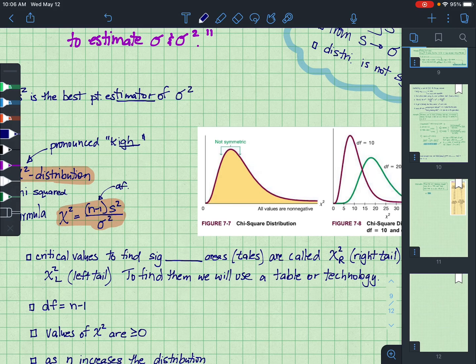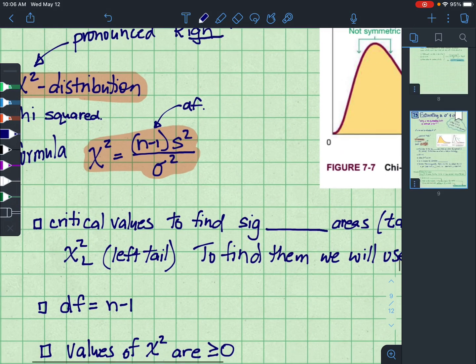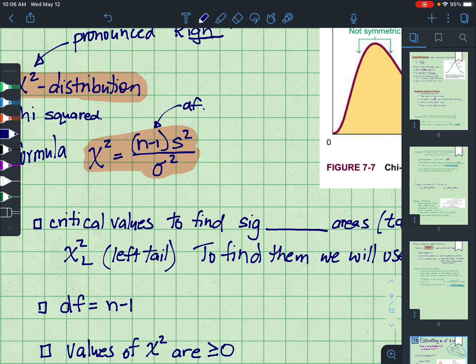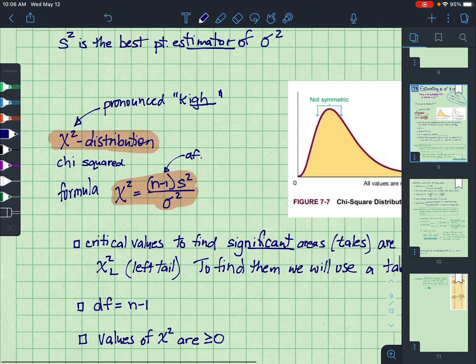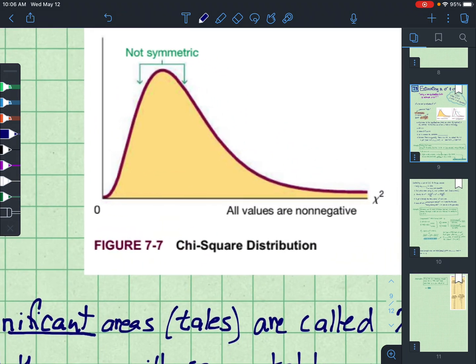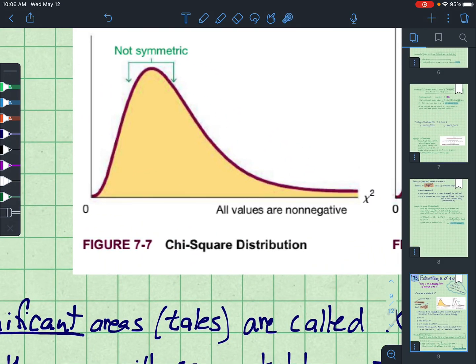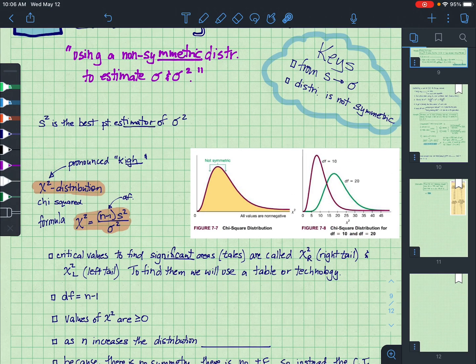We're going to find critical values on that distribution, which will separate that which is significant from that which is not. We call these, again, the tails. So they're going to look like right here, all this area and all this area. And you're going to be looking for those particular values depending upon the level of confidence that you want.